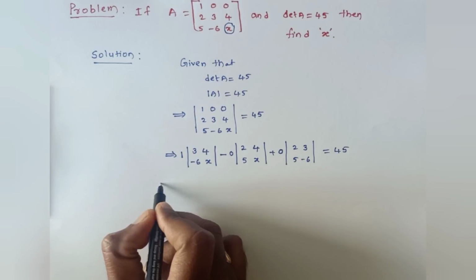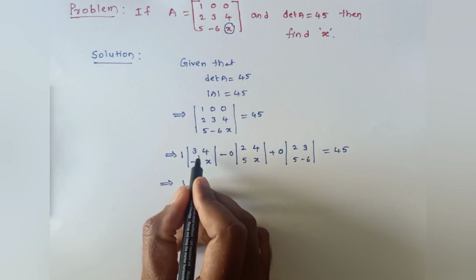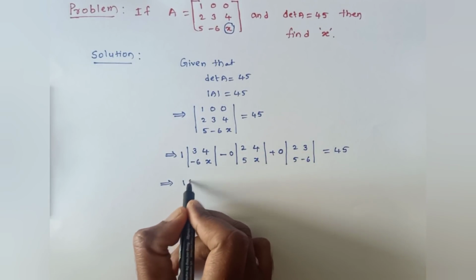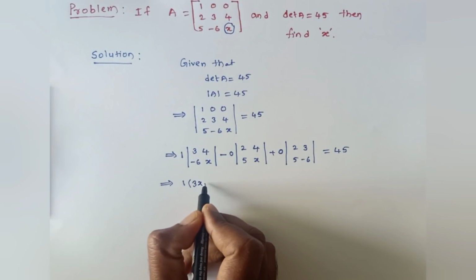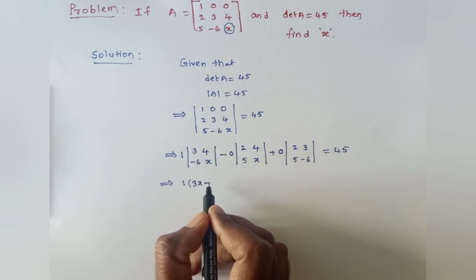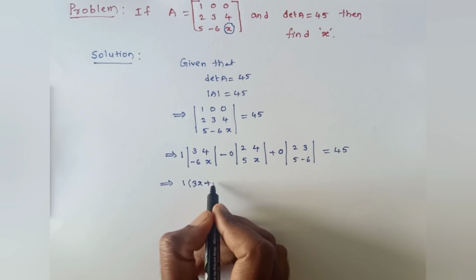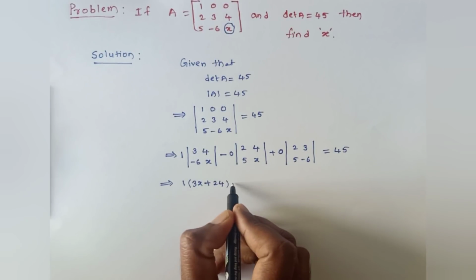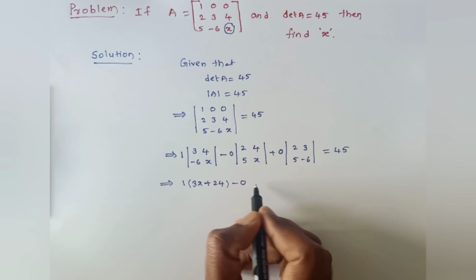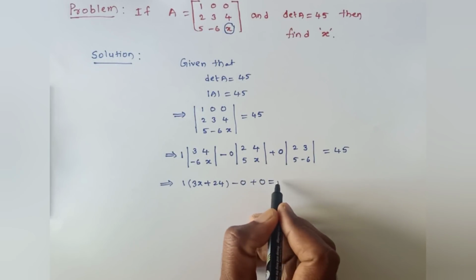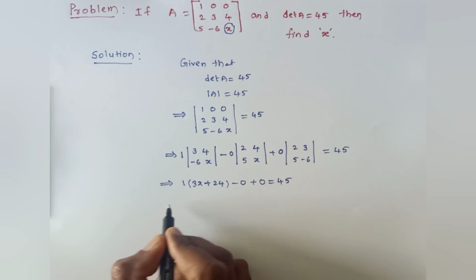And this equals 45. This implies 1 times, in AD minus BC form, 3x minus minus 6 into 4, which is plus 24, and minus 0 into something, 0 plus 0, is 45.